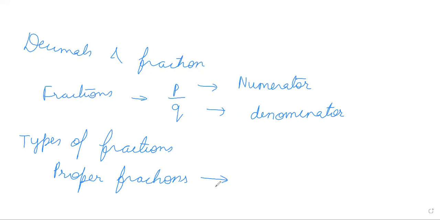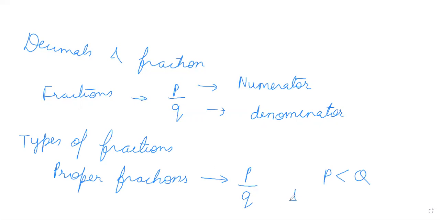Proper fractions are fractions in which the numerator is small and the denominator is big. If I compare numerator and denominator, the numerator is lesser than the denominator.